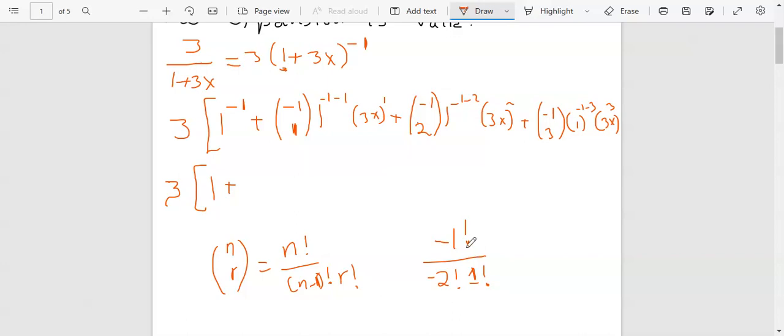Now look at negative 1 factorial. What does negative 1 factorial mean? If you have got 5 factorial, it means write 5 times the number below it, which is a 4, times the number below it, like that. Now if you look at negative 1 factorial, it means negative 1 times the number below negative 1. Like negative 1 minus 1, what do you get?